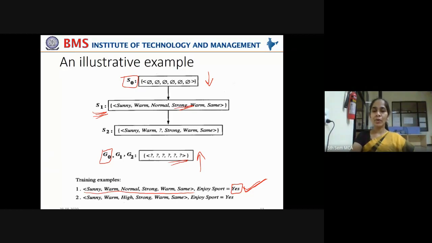Is your most general hypothesis consistent with 1? Is your most general hypothesis consistent with the first training example? Unless you answer, I can't proceed forward. You have to answer me now. Yes or no? G naught is the most general hypothesis.